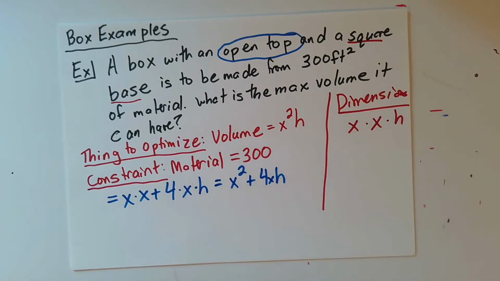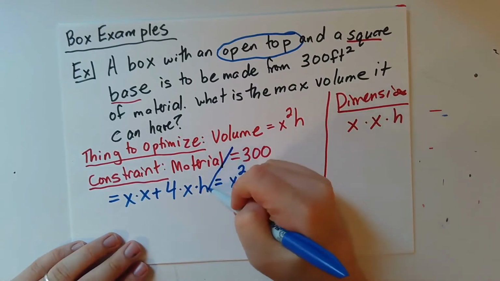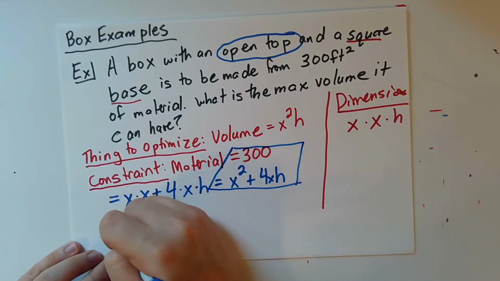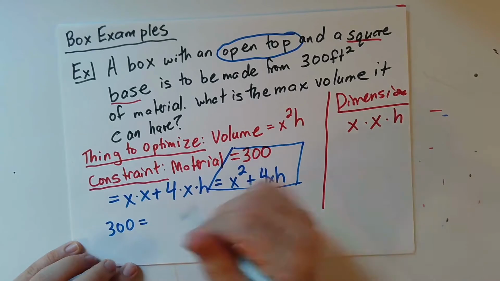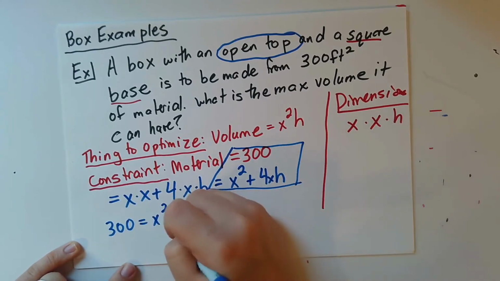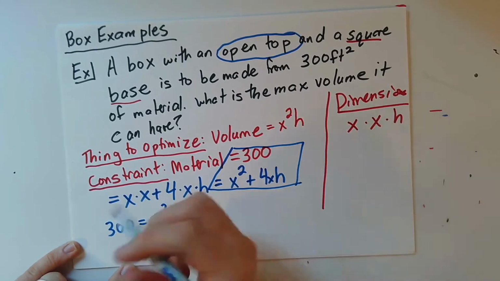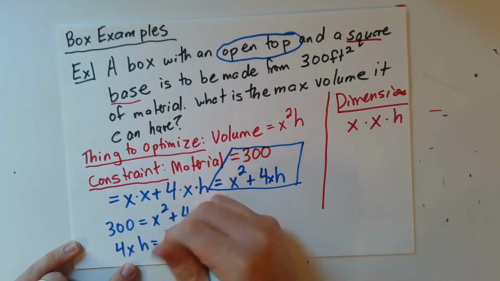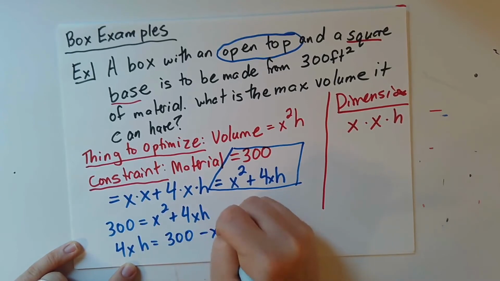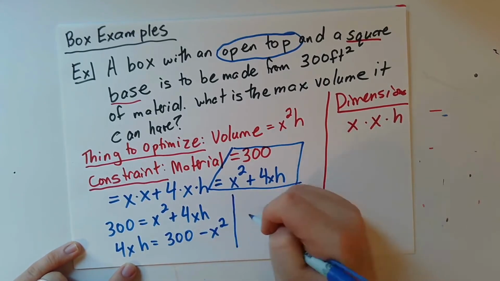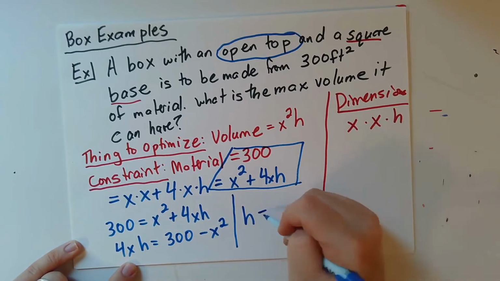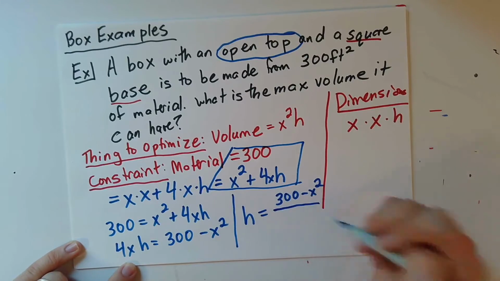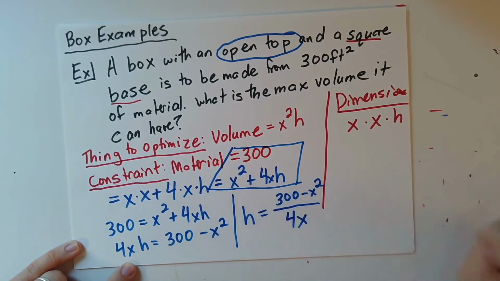So I want to, as usual, solve the constraint for one of the variables. So in this case, 300 is equal to x squared plus 4xh. So 4xh is equal to 300 minus x squared. So h is equal to 300 minus x squared, divided by 4x.